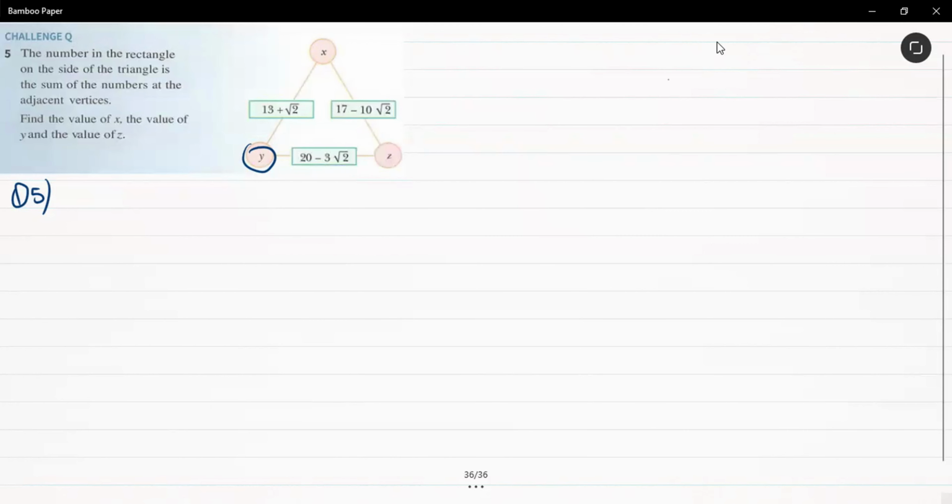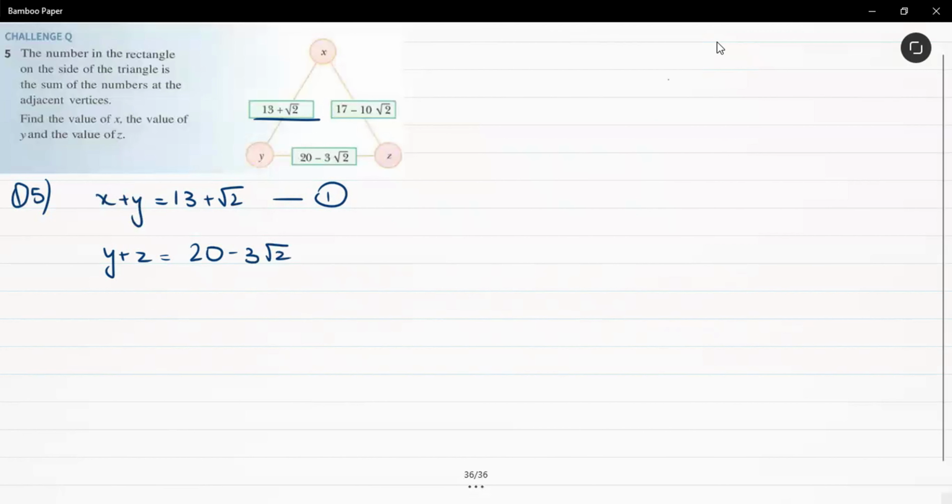So basically, we have got three equations to this. We have got x plus y would give us this rectangle value, which would be 13 plus under root 2. This would be equation 1. Similarly, we would have y plus z is equal to 20 minus 3 under root 2, because y and z would give us this value.